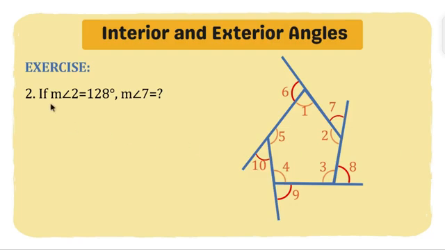It says here, if the measurement of angle 2 is equal to 128 degrees, what will be the measurement of angle 7? So, andito po yung ating angle pair. We have the exterior angle 7 and the adjacent interior angle, which is angle 2. Now, again, same process po siya. We know that if you add them together, it will be 180 degrees.